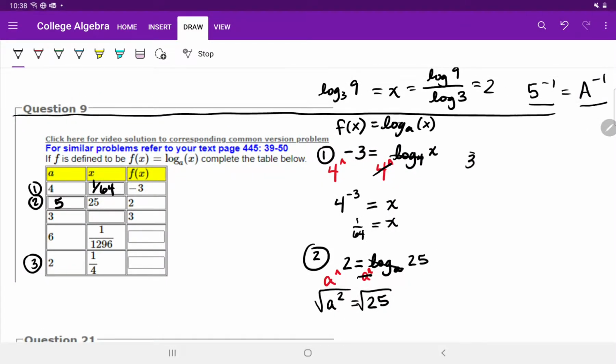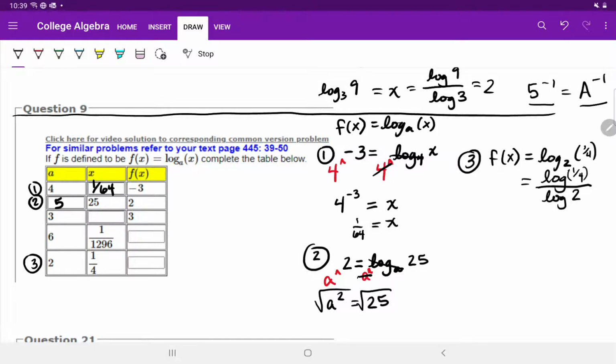The last one I want to do from this example is starting us off without an f of x. There's no f of x here. Instead, we start off with just an a, so log base 2, and an x, 1/4 power. This is something we can plug into our calculator. We would type it in this way: log of 1/4 over log of 2.